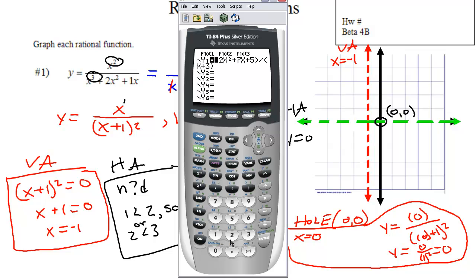So my numerator is an x. My denominator is an x plus 1. It's got to be in parentheses for 2 reasons. 1, it's squared, and 2, it's the denominator. Graph.